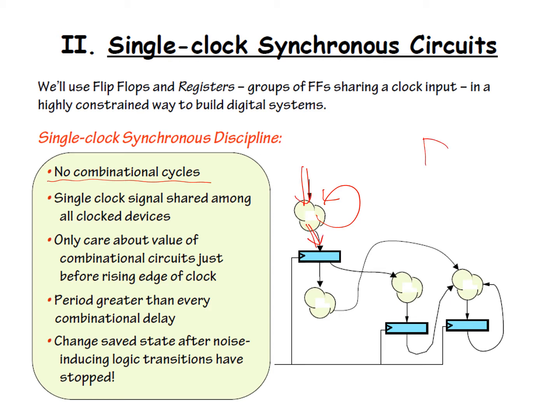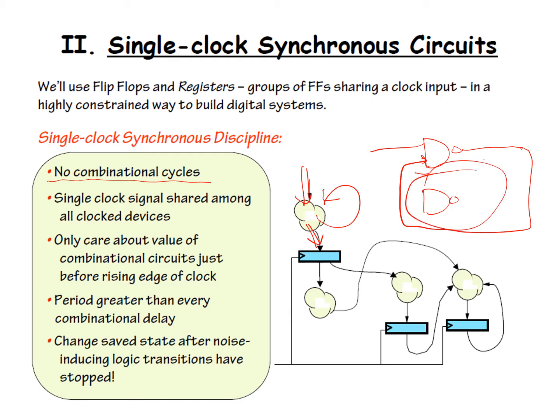If some logic result is fed back to the input like this, it cannot be considered combinational logic because it just keeps cycling inside. So there should be no combinational cycles.